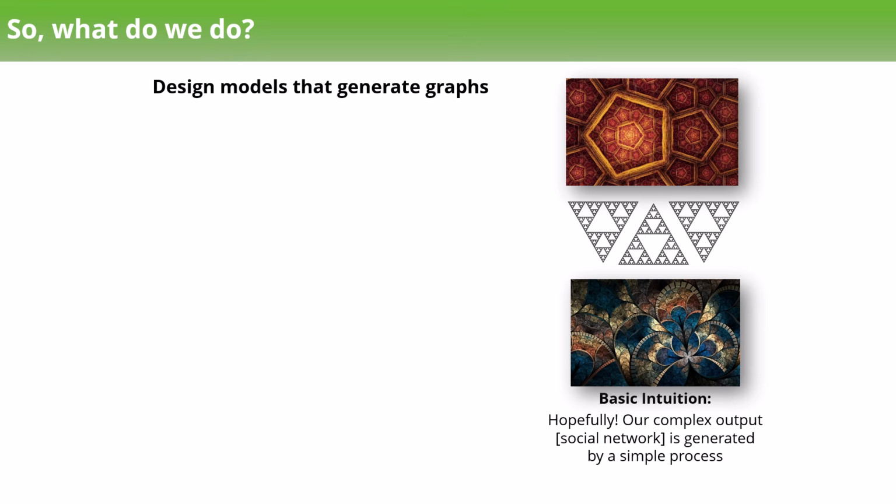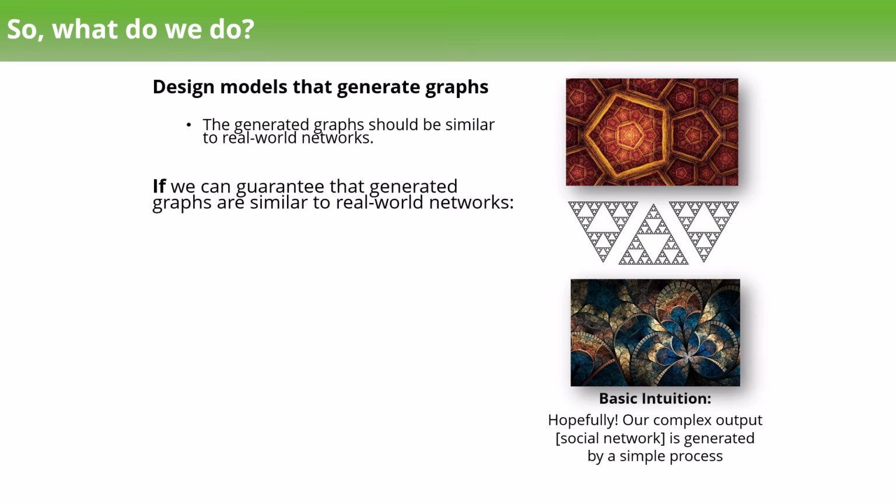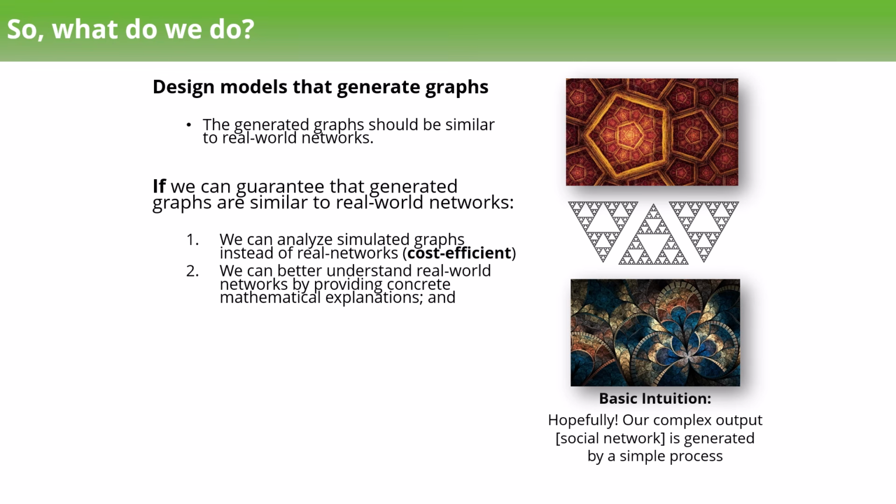If our model accurately imitates reality, then we can analyze simulated networks instead of expensive real data, and we can understand why networks behave the way they do. We can perform experiments when real network data is unavailable.